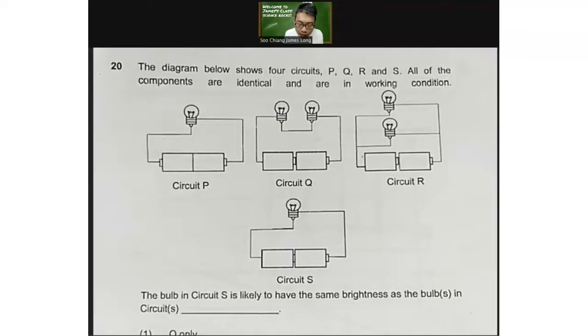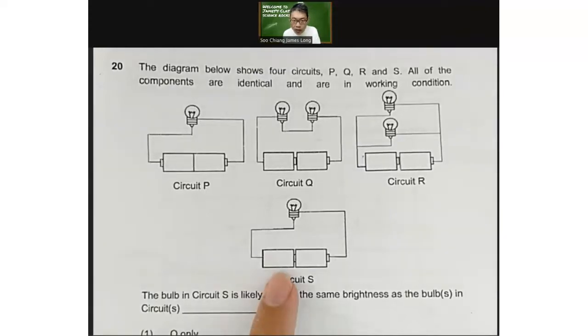Okay, let's discuss this. The diagram shows 4 circuits, P, Q, R, and S. All the components are identical and all are in working condition. The bulb in circuit S is likely to have the same brightness as the bulb in whichever circuit. Now circuit S here, you notice there's only one bulb and there are 2 batteries.